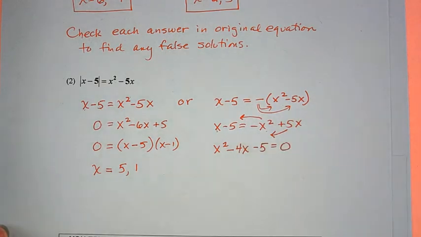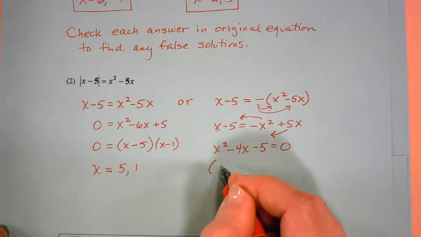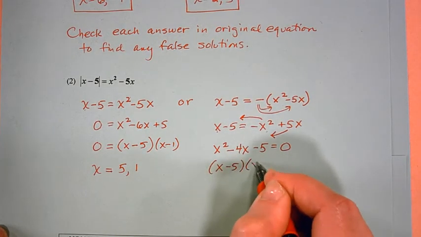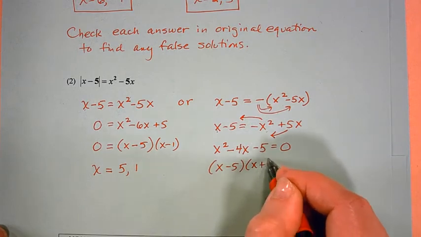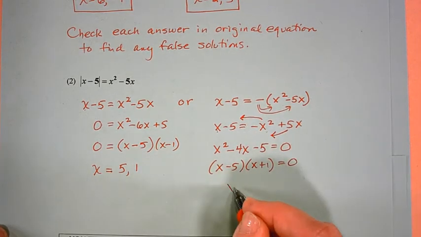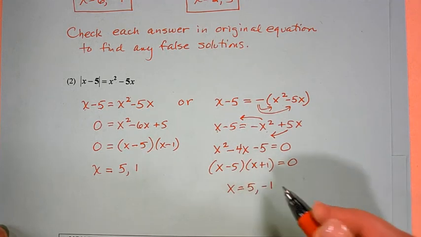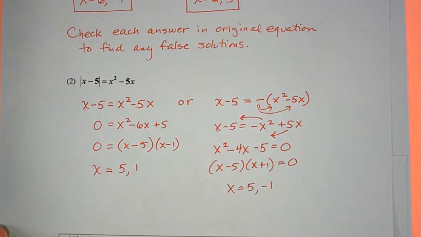And again, I'm just going to factor this and get some solutions. This factors as x minus 5 times x plus 1. And I have values here of x equals 5 and x equals negative 1. Now, notice that I have a duplicate value here. So that's just really 5. It appears twice, but it's just one solution.